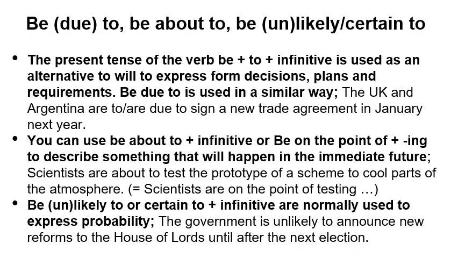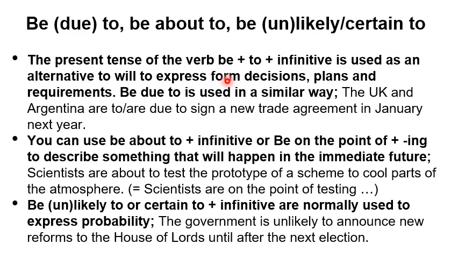As mentioned earlier, talking about the future takes many forms. For example, using be due to, be about to, be unlikely, be likely, be certain to, all these forms to talk about the future.